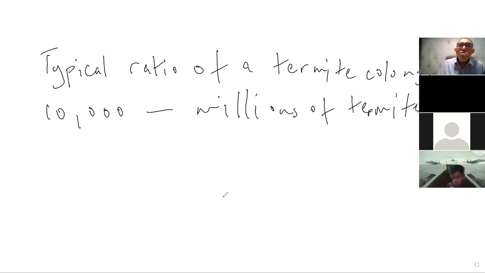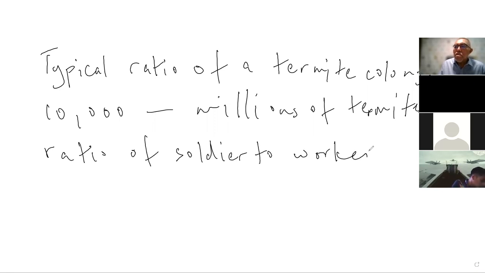constituting millions of individual termites. Okay. Now, this colony is not random. Random in the sense that they have workers and soldiers of unequal numbers, but they actually program the colony so that the ratio of soldier to worker is 1 to 10, or at the most 1 to 6.